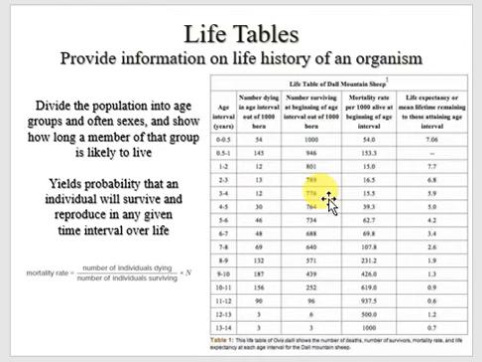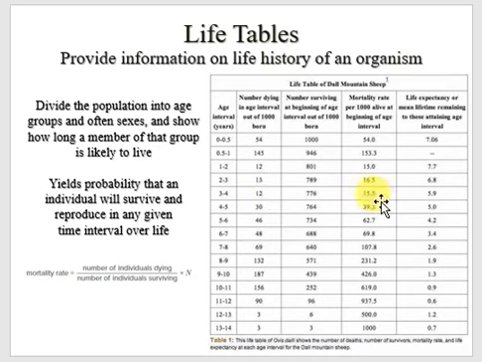Of these 776 surviving, 12 will die at ages 3 to 4. Now when you divide 12 by 776, you multiply that by 1,000 to get the mortality rate per 1,000 individuals.